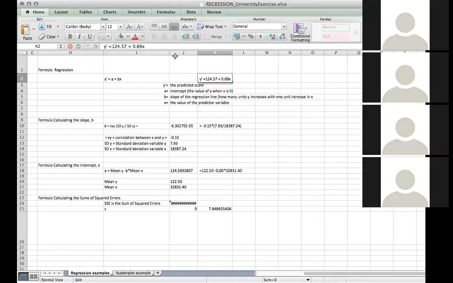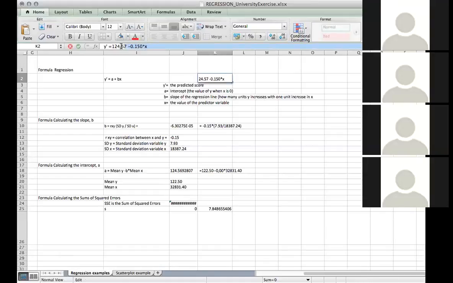If you wanted to, you could go further, but we don't have to be that precise right now. Then it's not plus 0.96, but minus 0.15 times x. Okay.